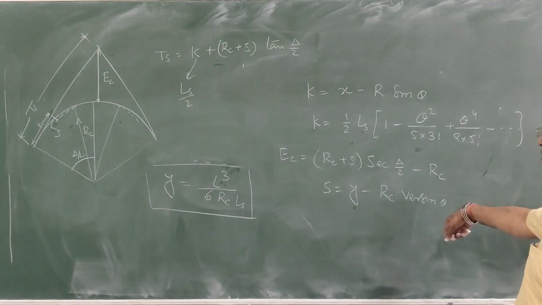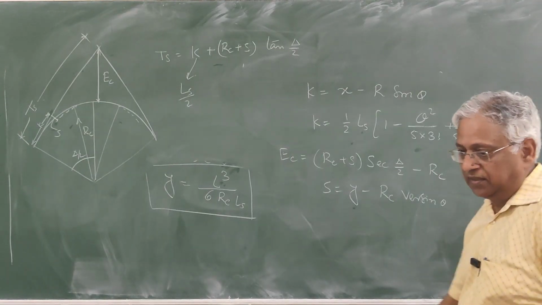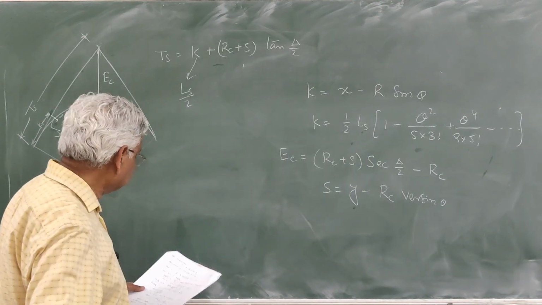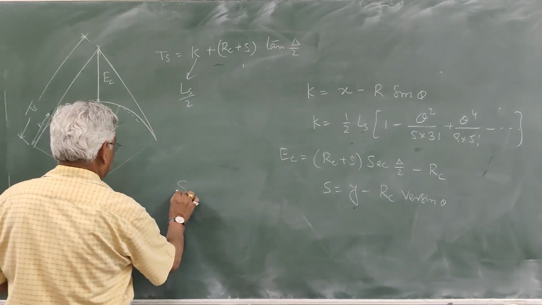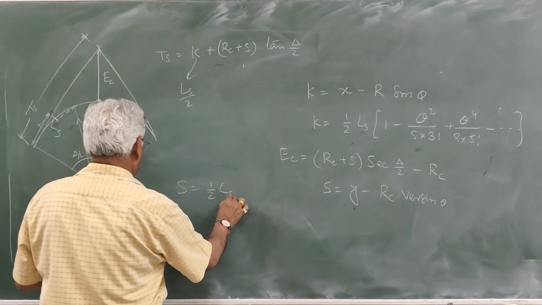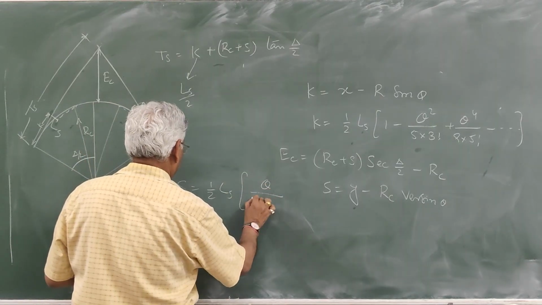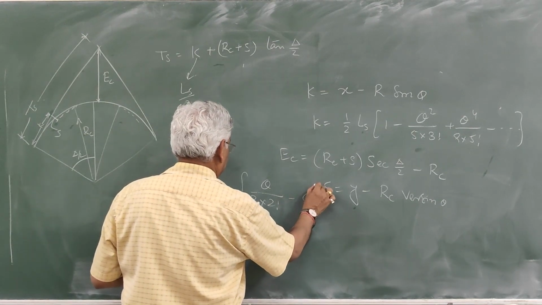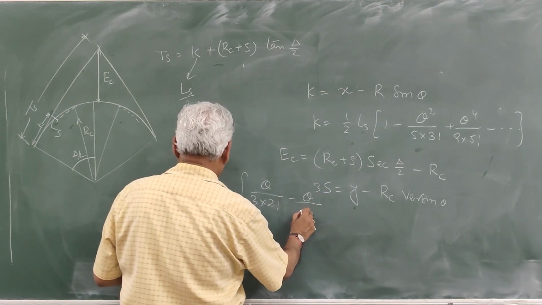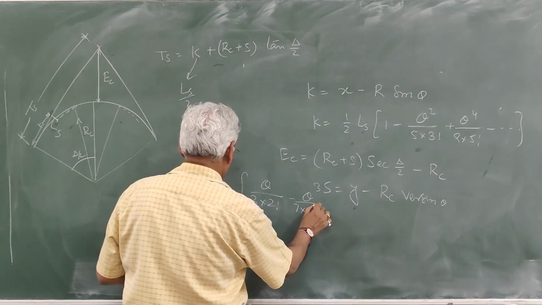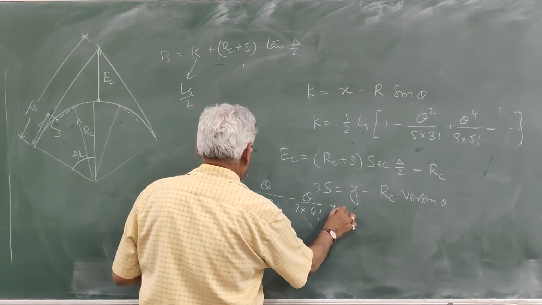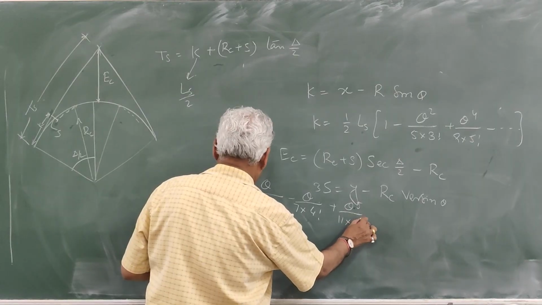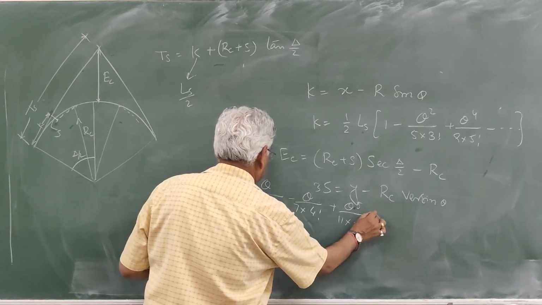So again, if you expand this series, you get S is equal to half Ls into theta upon 3 into factorial 2 minus theta cube upon 7 into factorial 4 plus theta 5 upon 11 into factorial 6 and so on.